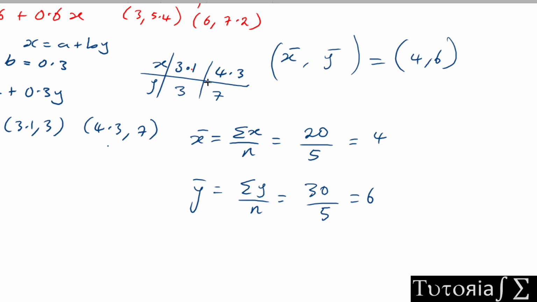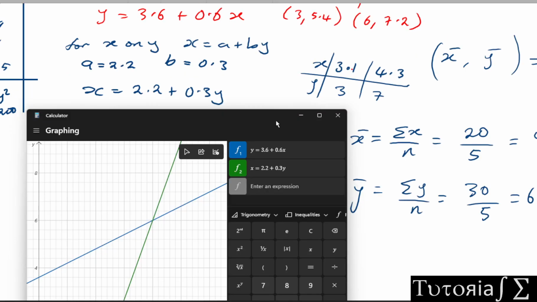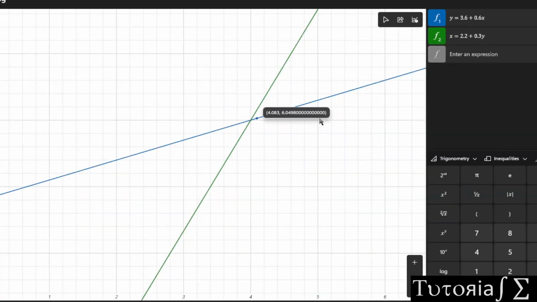Now let me just show you that these lines really meet at (4, 6) using the graphing calculator. So right here you see, if we put the equation y equals 3.6 plus 0.6x, and the line x equals 2.2 plus 0.3y, when we plot them, we see that on the y-axis that is 6, and on the x, that is about 4 there.